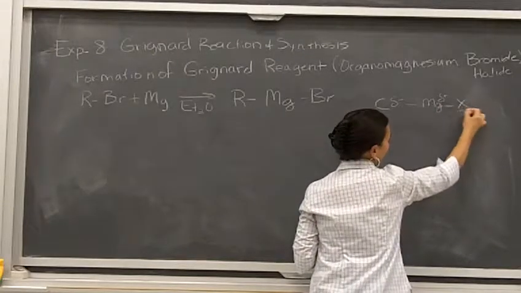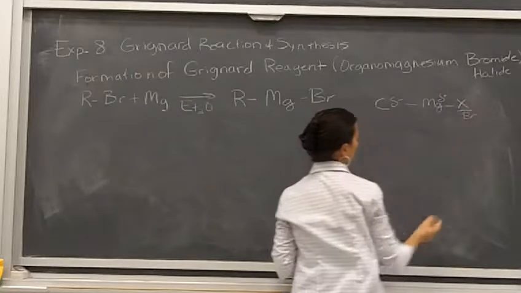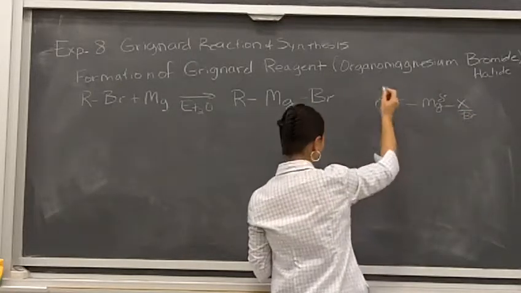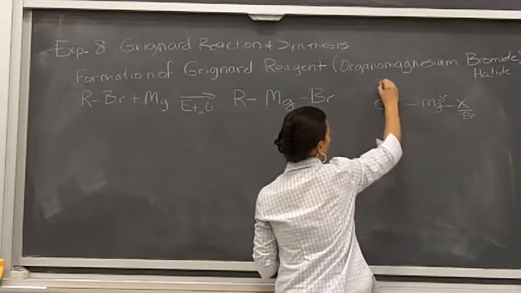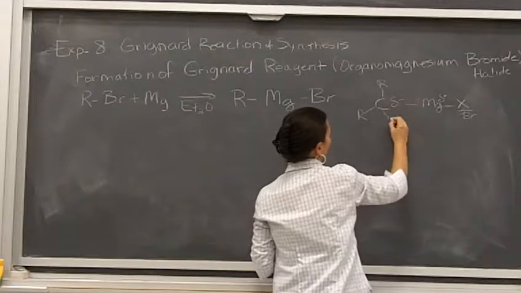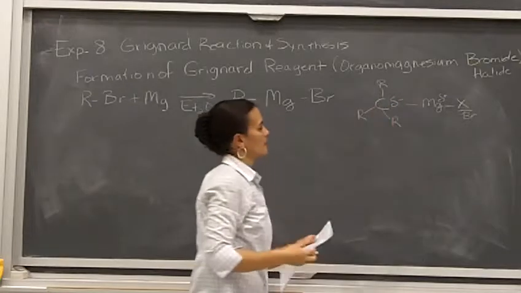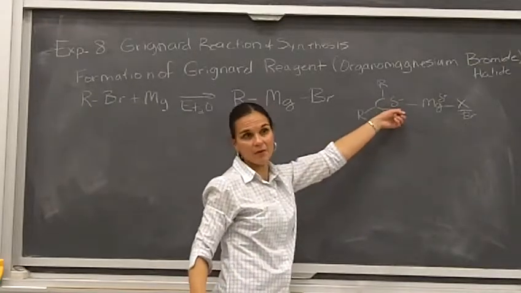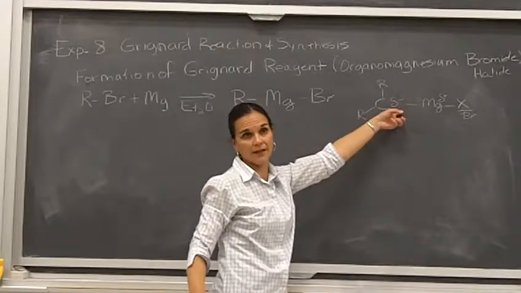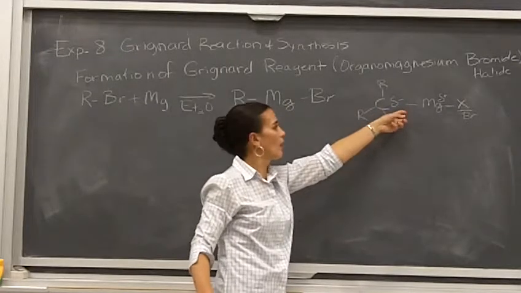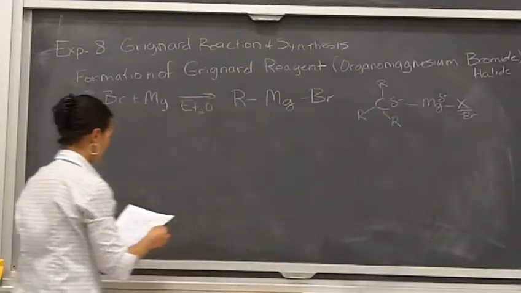So this could be either the halide, or in our case, this is our bromide, and then you've got our other various R groups coming off of our carbon, okay? But this is what makes this reaction so important, is that partial negative charge that's on the carbon. That's how it can go on and react with aldehydes and ketones.